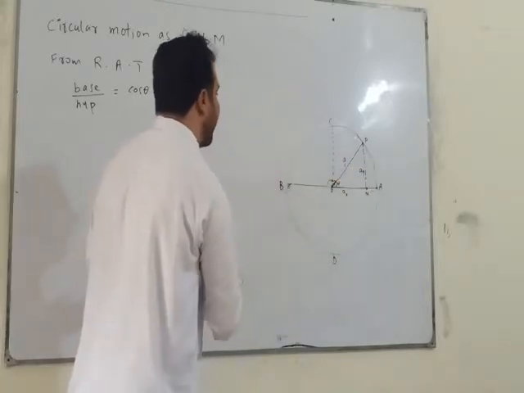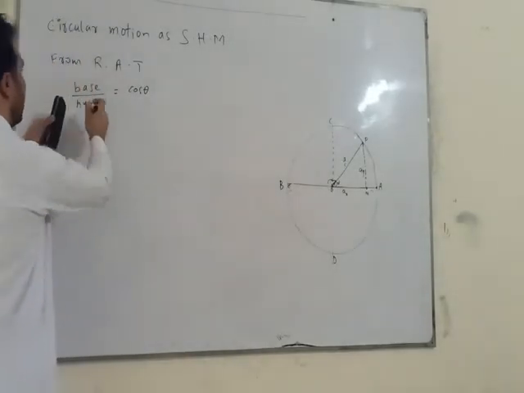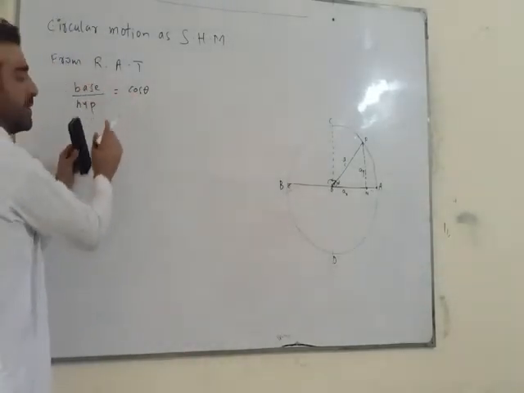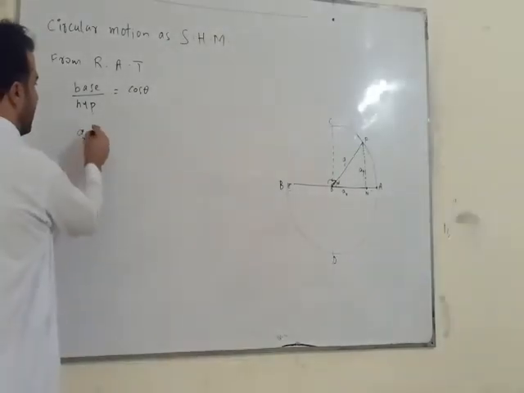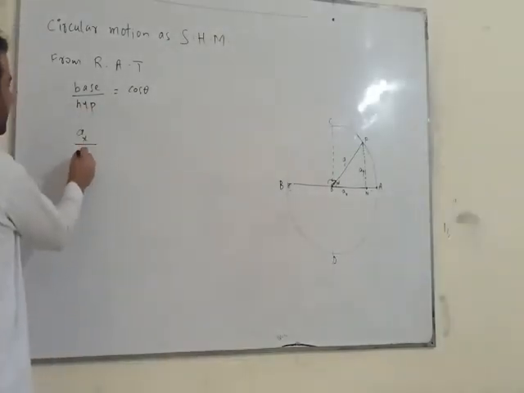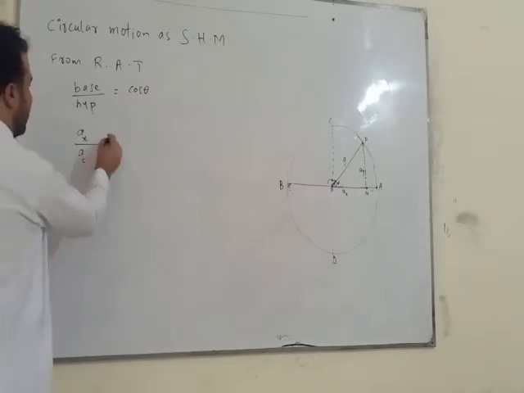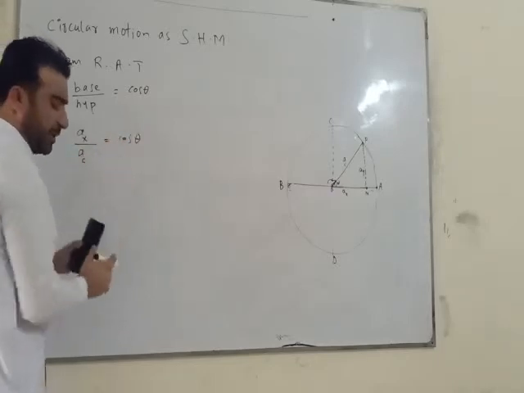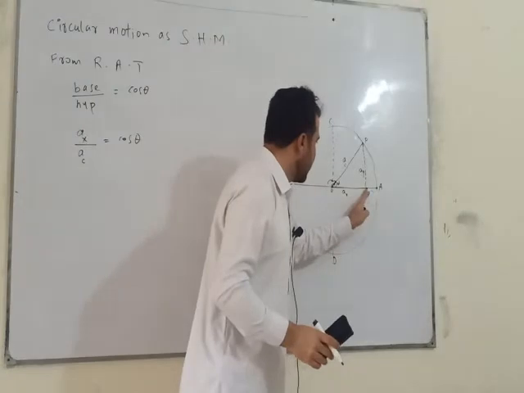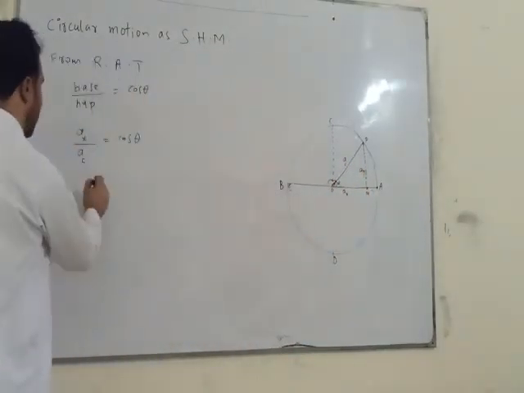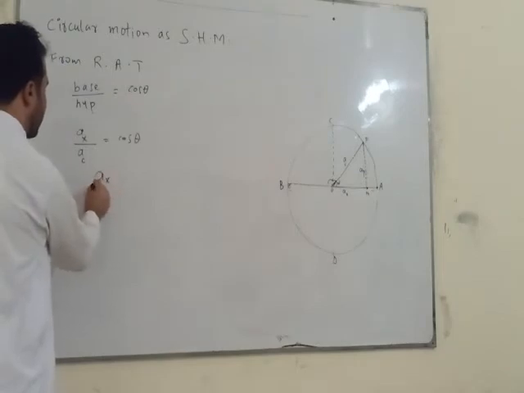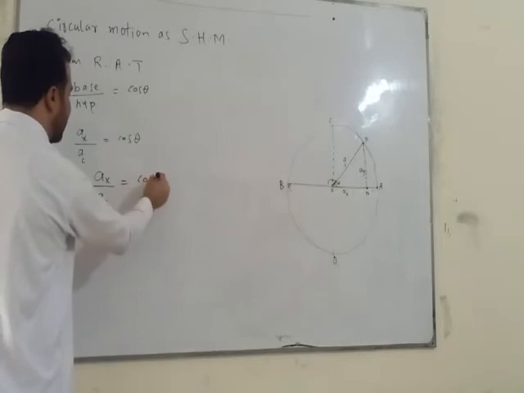Now from this right angle triangle, you can see that base divided by hypotenuse is cos of theta. Now the base is AX and the hypotenuse is AC, and it is equal to cos of theta.